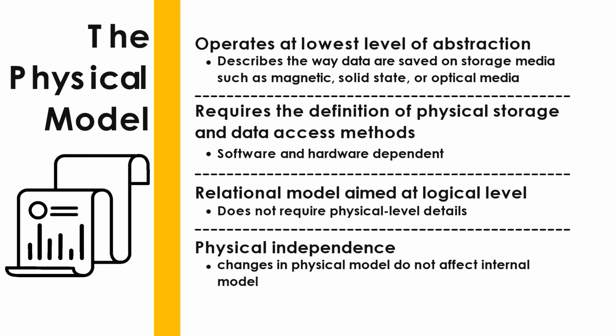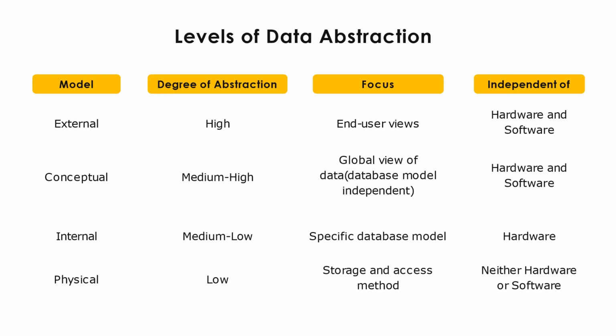Its relational models are aimed at the logical level, which makes them not require physical level details. It also has physical independence, wherein changes in the physical model do not affect the internal model. And in this table, we can see a summary of the different models, their degree of abstraction, their focus, and which they are independent of.